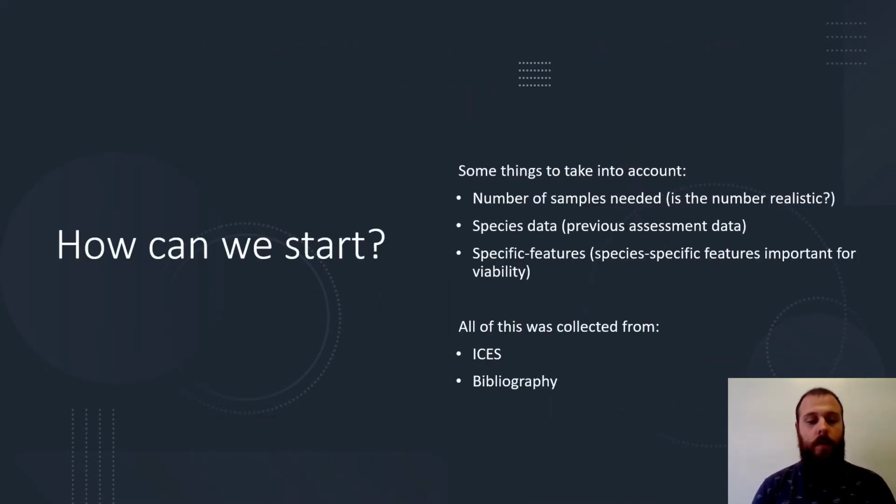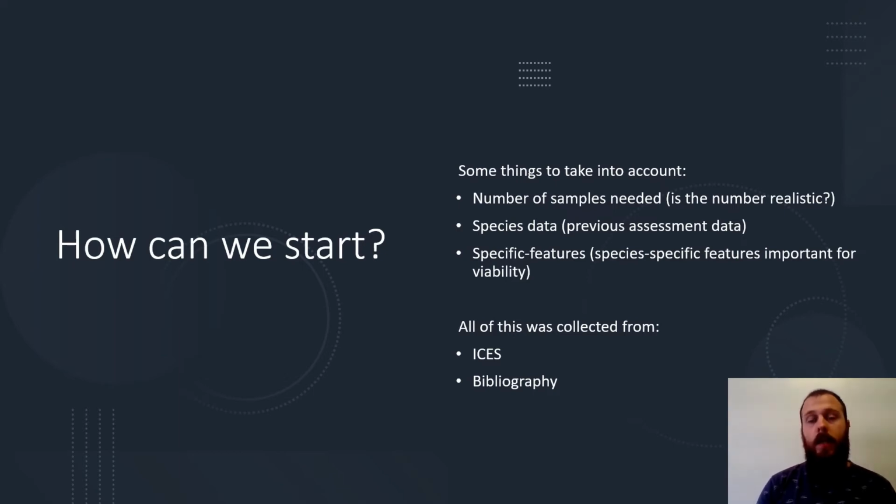So to start working with these species, some things had to be taken into account. First, the number of samples needed for a good estimation, and if that number is realistic, so if we can sample that number of samples in a feasible time. Then we need some species data from previous assessments, such as abundance or numbers at age.